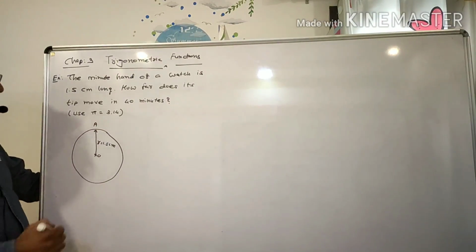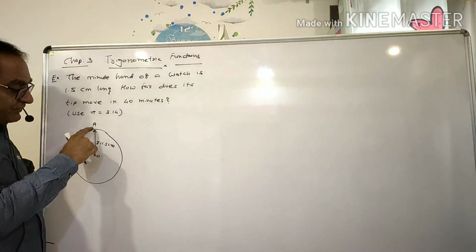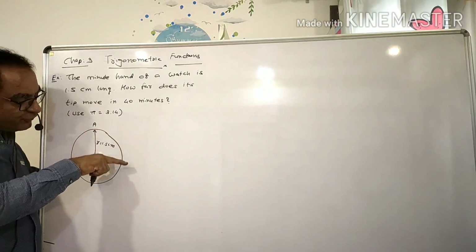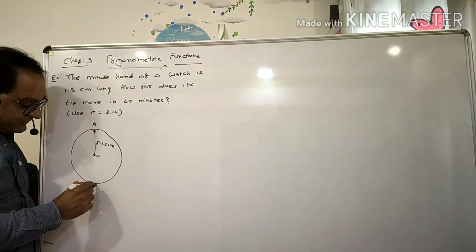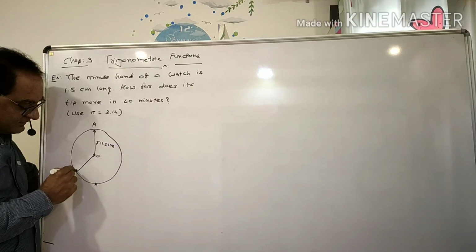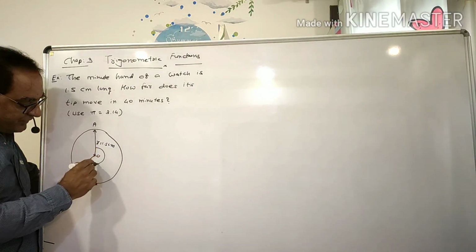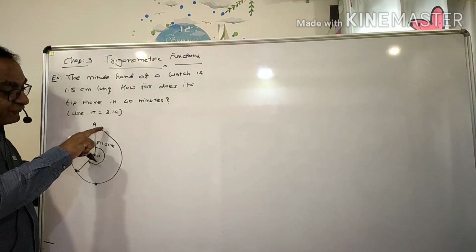What they have asked: how far does its tip move in 40 minutes? In 40 minutes, that means this minute hand is moving 40 minutes. Here we have 60, 45. Here somewhere it will be at 40. So movement is like this. How far does its tip move?